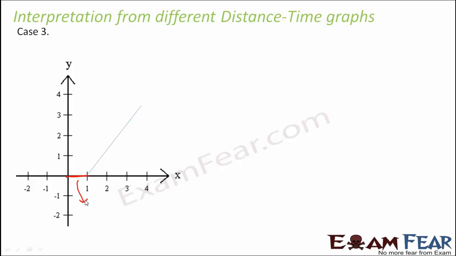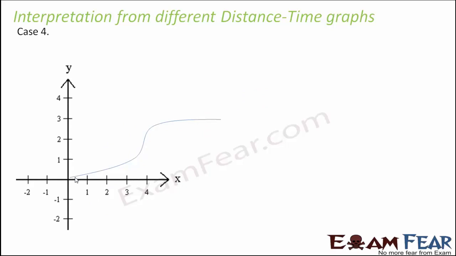So till this much time, the object was at rest, and only after this the object started moving, and when it started moving uniformly. So whenever you have a straight line like this, it shows uniform motion. But initially the object was at rest.